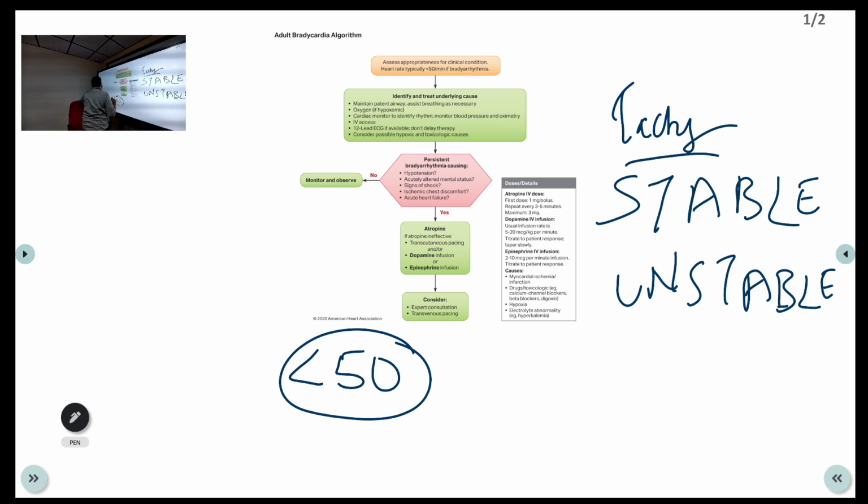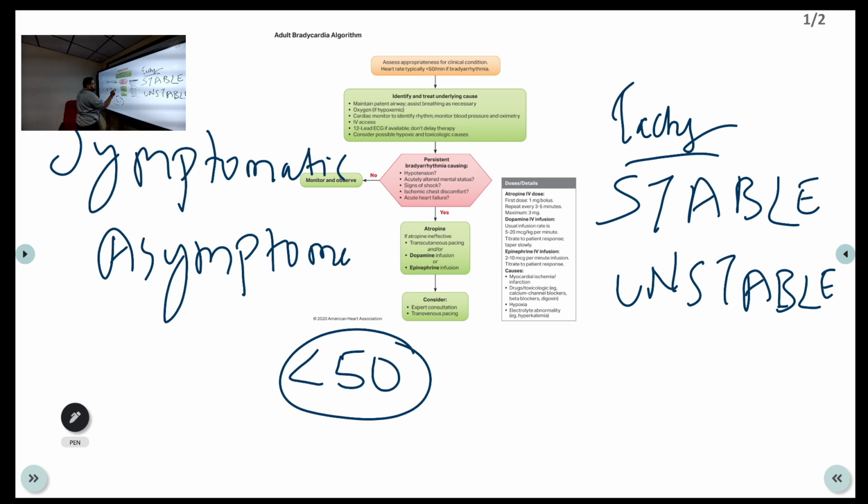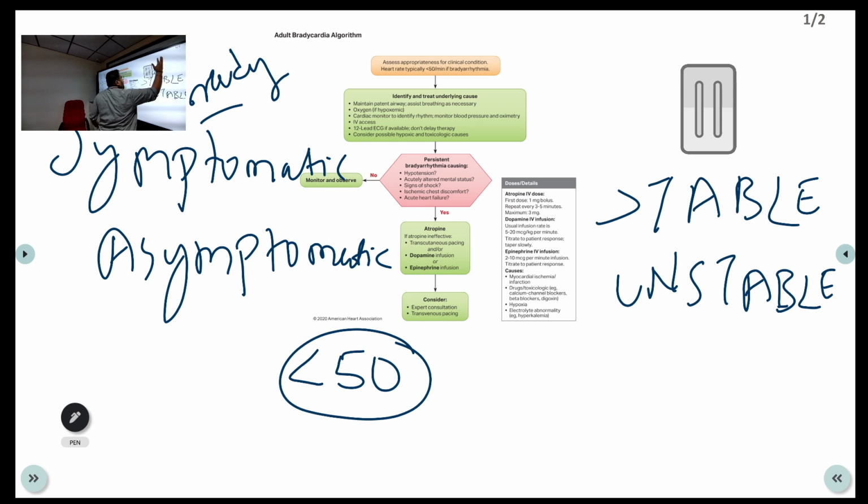And in bradycardia, we call it symptomatic and asymptomatic. The patient is not having any symptom in one, and here the patient is having some symptoms. So bradycardia, we say whether it is symptomatic, and tachycardia, whether it is stable or unstable.